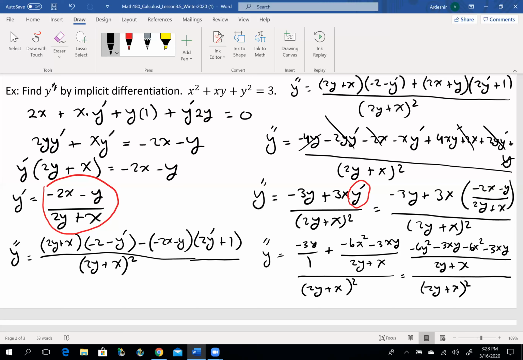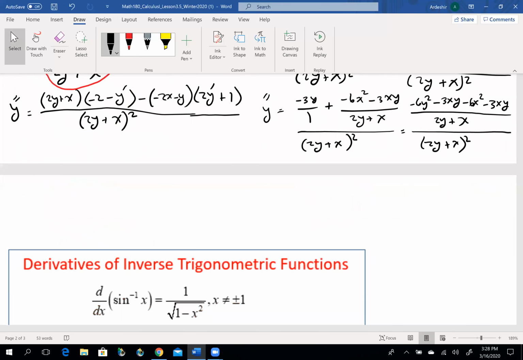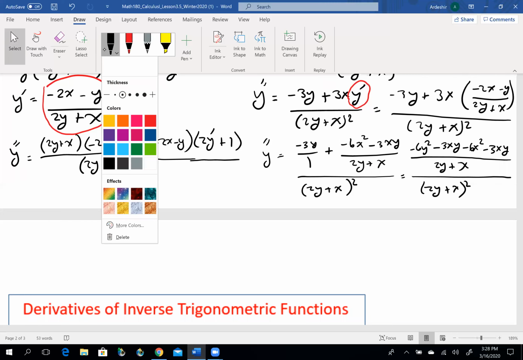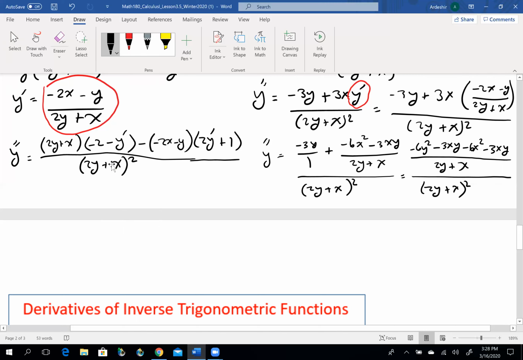So now I'm going to continue. Let's see if I can finish here.